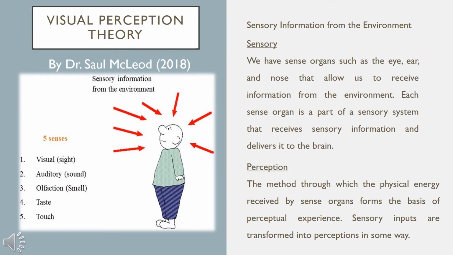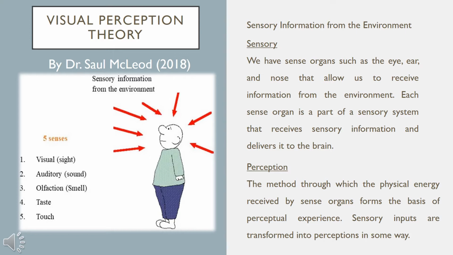Visual Perception Theory by Dr. Saul McLeod, 2018. Sensory information from the environment. We have sense organs such as the eye, ear, and nose that allow us to receive information from the environment.